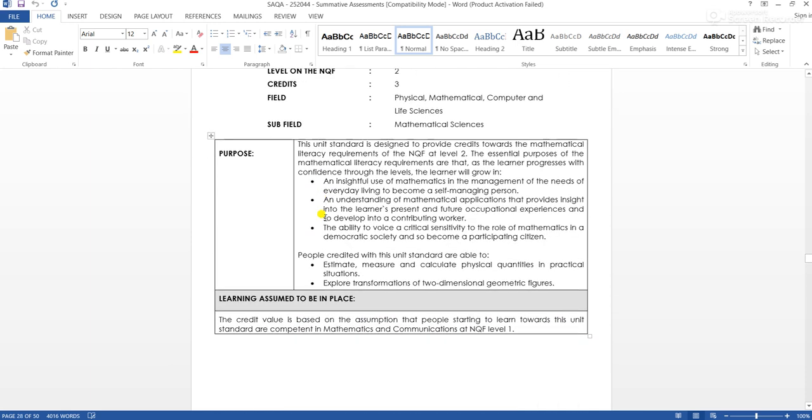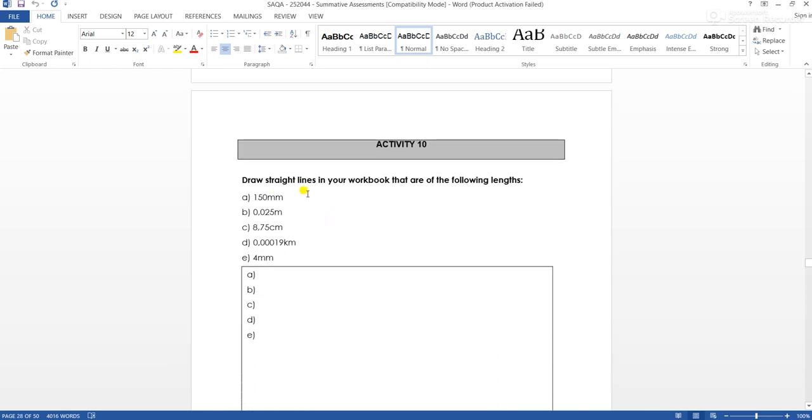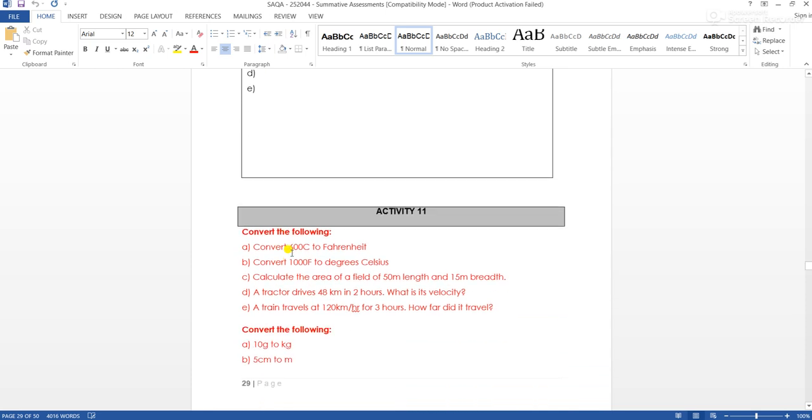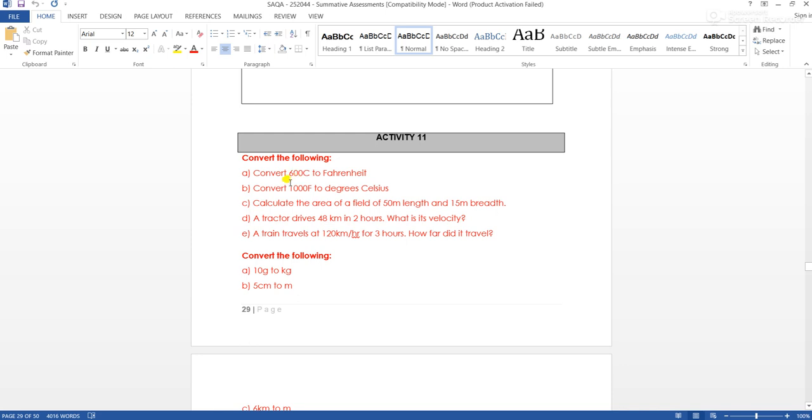Learning unit 3, you need to draw a straight line in your workbook with the following lengths. So you just have to draw these straight lines using these lengths. And activity 11, you need to convert 600 degrees Celsius to Fahrenheit, and B, 100,000 Fahrenheit to degrees Celsius.